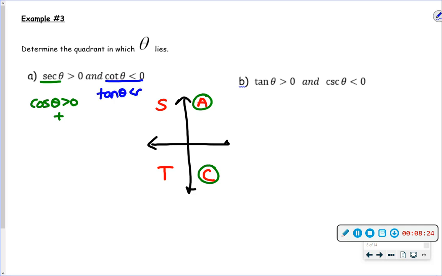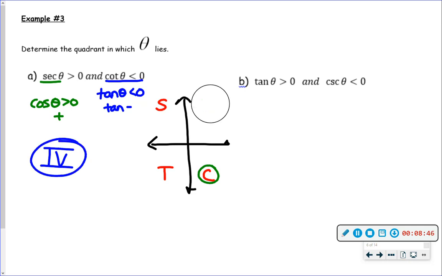So tangent's less than 0 also, or tangent's negative. So now I'm going to eliminate one of these green circled quadrants according to the fact that tangent has to be negative. That means I can't be in 1 because tangent's positive. So the only quadrant we could be in is 4. So sometimes it's a little process of elimination. Let's look at B. I'm just going to erase all my markings over here so we can redo it.